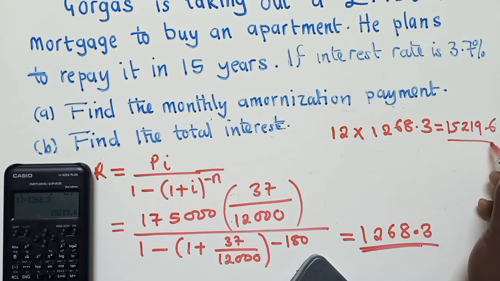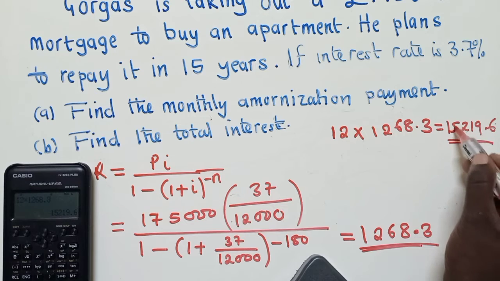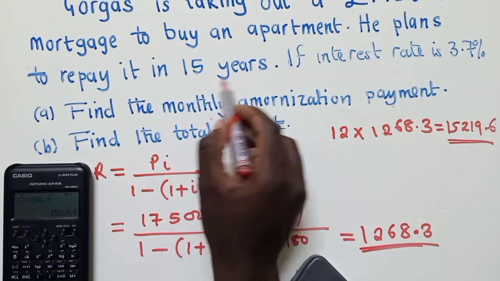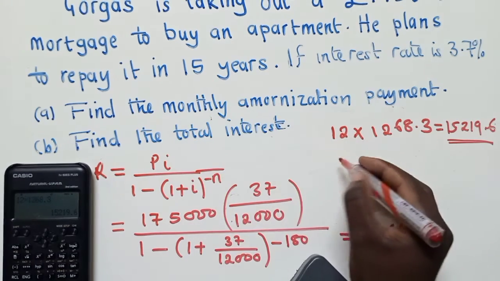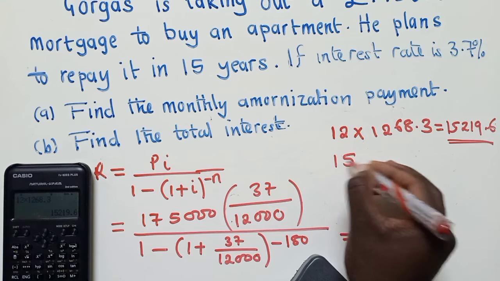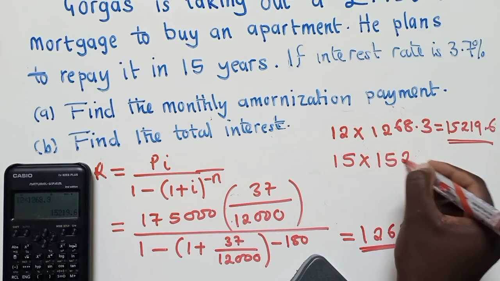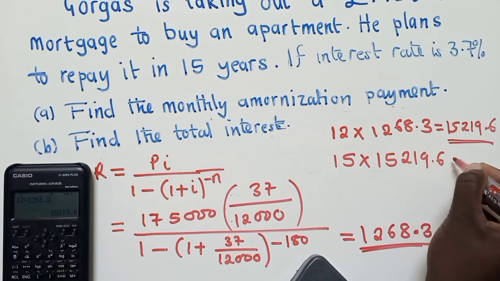So this is for the year. In a year, this person is paying this amount. Now what about in 15 years? What is he going to pay? So you say 15 times 15,219.6.